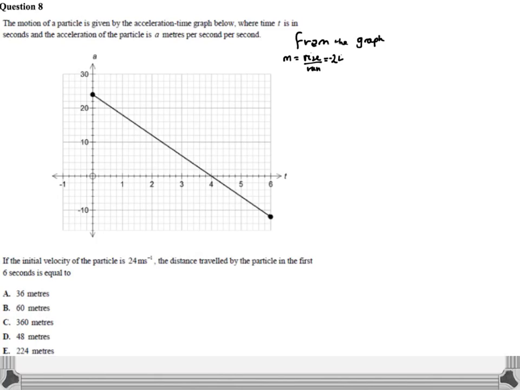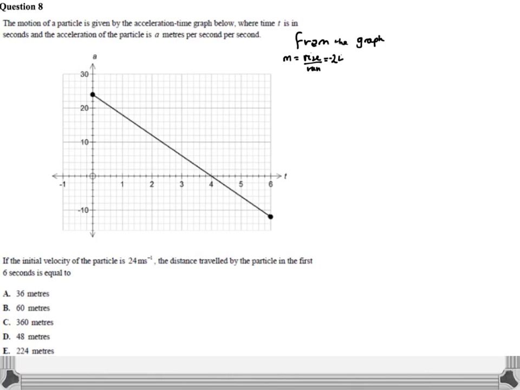Now, from that, it says in the question, if the initial velocity of the particle is 24 meters per second, the distance traveled by the particle in the first 6 seconds is equal to. So we have to work out distance starting with an acceleration time graph. Now, that doesn't seem to be straightforward, because normally we could get distance or displacement from a velocity time graph, being the area under the curve.